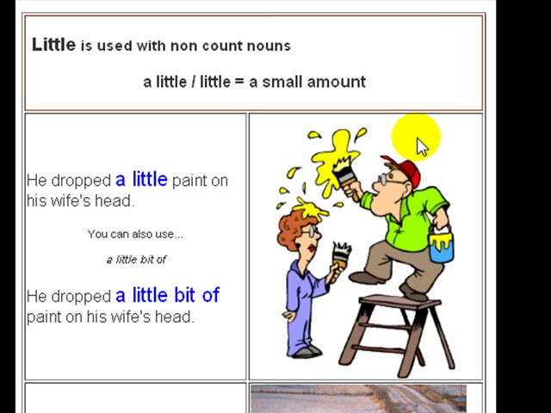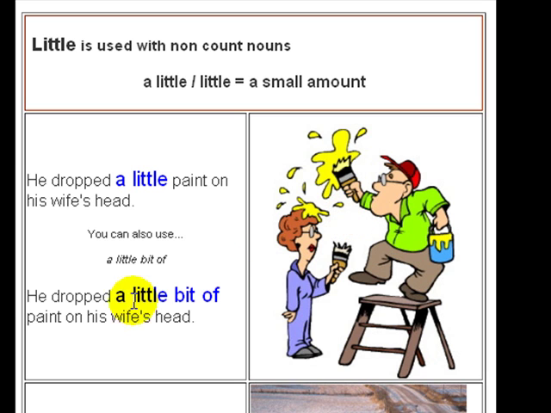So it's a general group of things, and so we can't count it, but we can indicate the quantity, right? He dropped a little paint on his wife's head. Boom, there it is. He's in for trouble, I'll tell you. A little paint.